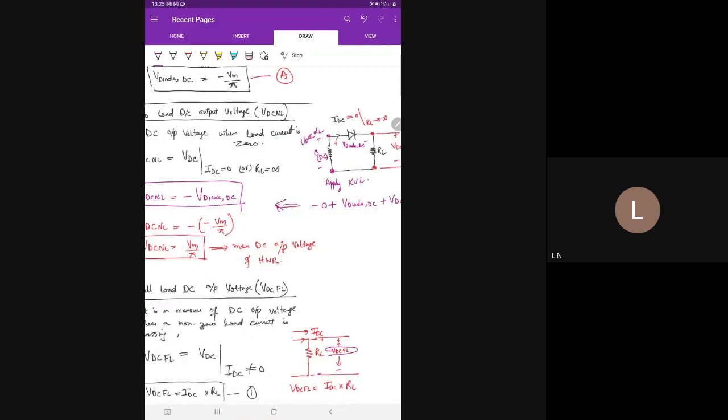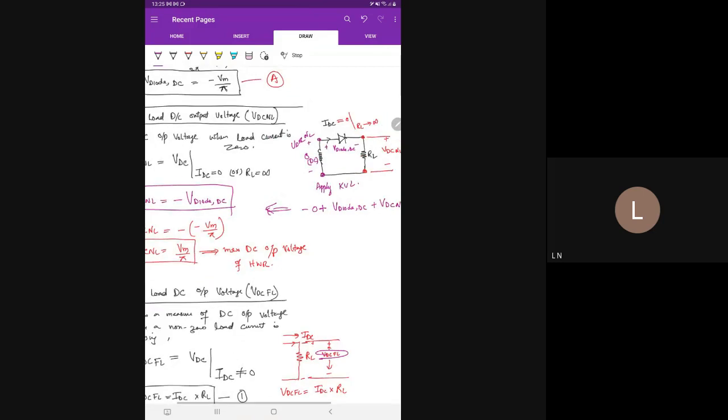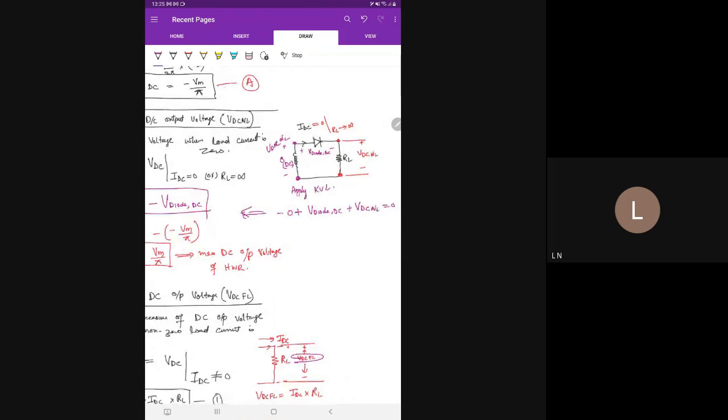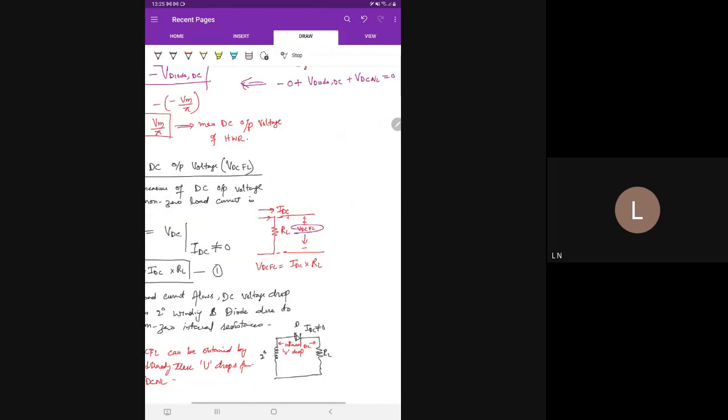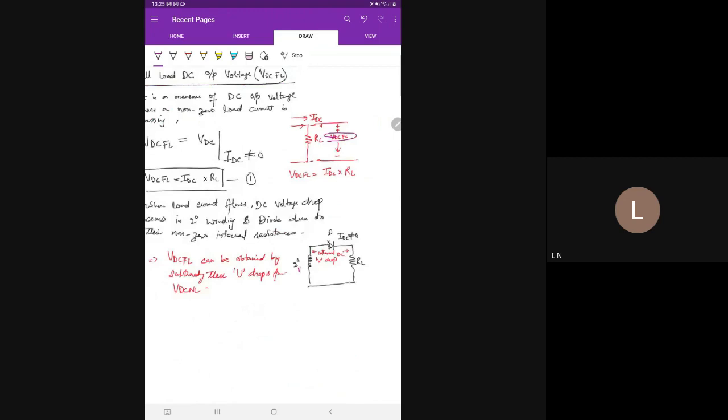You have an open circuit, RL is not present, the load resistance is infinite. So whatever is present in the secondary will appear between the points of the load resistor. So VDC will be the secondary voltage, the VDC no load voltage between here and here.